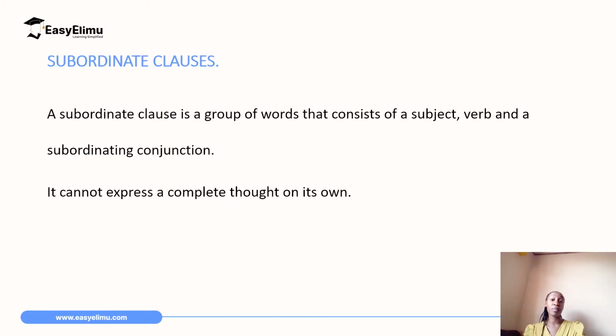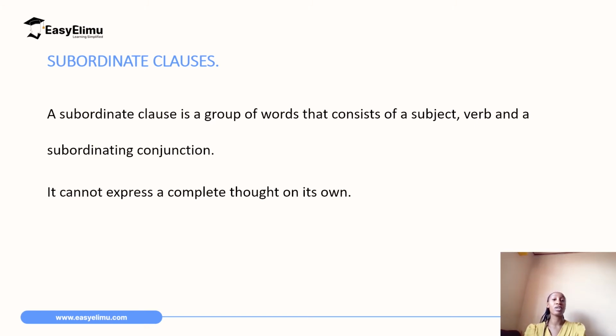From the previous examples, we have seen that there's a part of the sentence that does not make sense on its own, and we have said it is not an independent clause, and it is called a subordinate clause. And a subordinate clause is introduced by a subordinating conjunction.